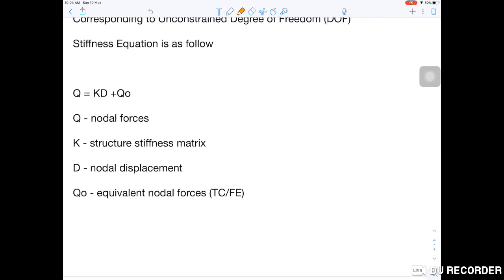I will solve the unknown displacement using the stiffness equation, or force displacement equation, where Q is nodal forces, K is structure stiffness matrix, D is nodal displacement, and Q naught is equivalent nodal forces. However, in this case, for the basic calculation, temperature changes and fabrication error do not occur, so this Q naught is assumed as 0.